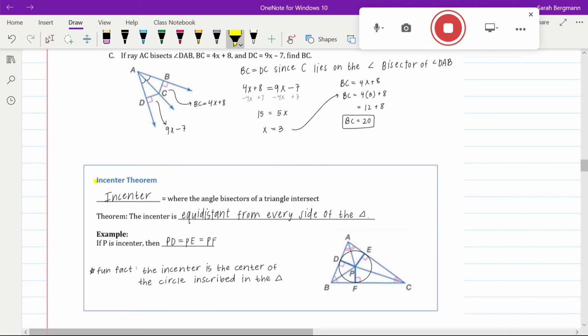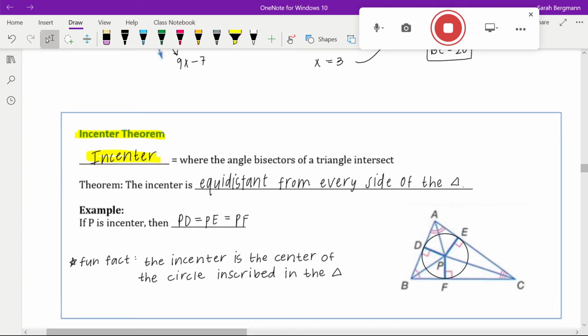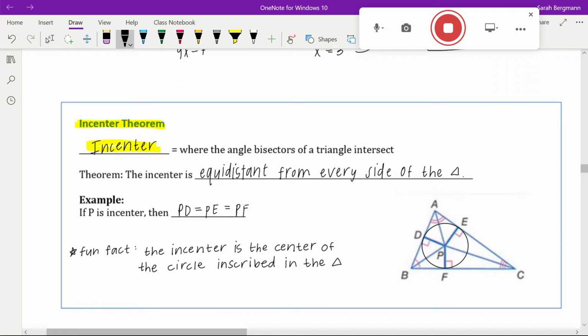Next, let's talk about what's called the incenter theorem. So the incenter is where all the angle bisectors of the triangle intersect. What we know about the incenter is that it is equidistant from every side of the triangle. So for example, if point P is the incenter of triangle ABC, because it's where all the angle bisectors intersect, then I know that point P must be the same distance from side AB as it is from side AC, measured along PE.